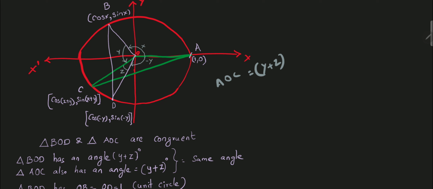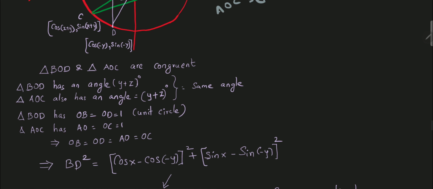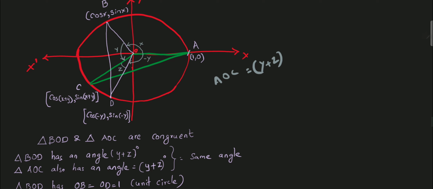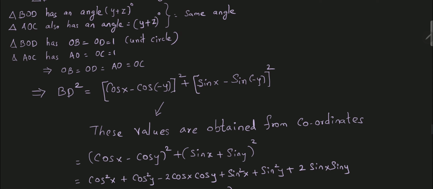Both these triangles have two lines which are nothing but the radius of the unit circle. That means both triangles have one angle equal and two sides equal, which means that the third sides BD and AC are also going to be equal.